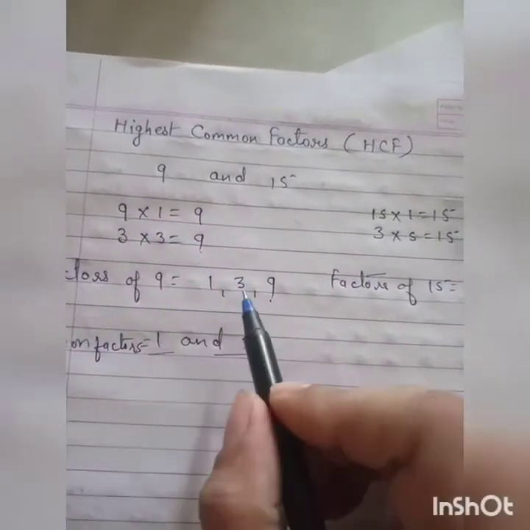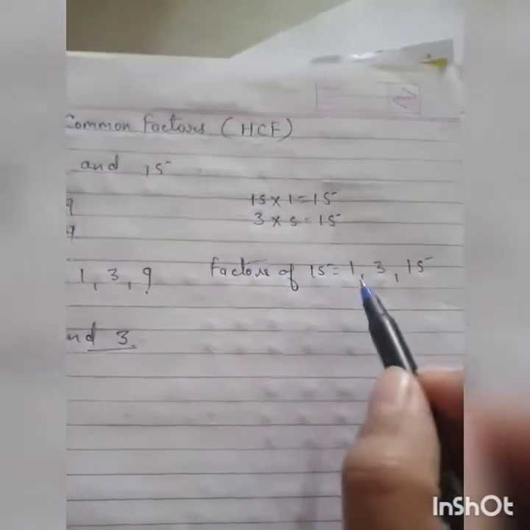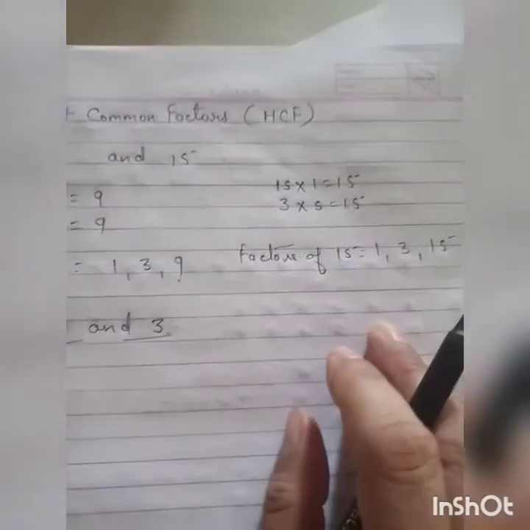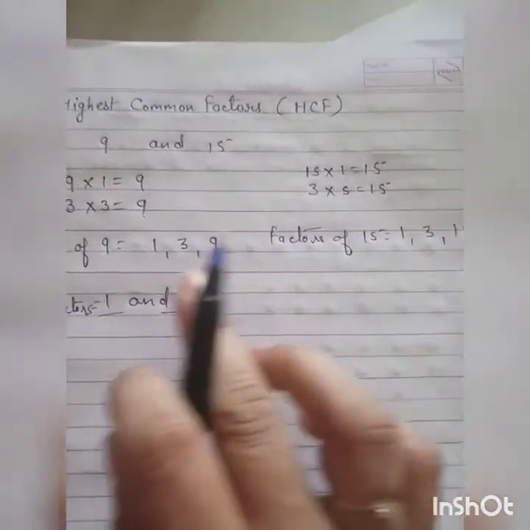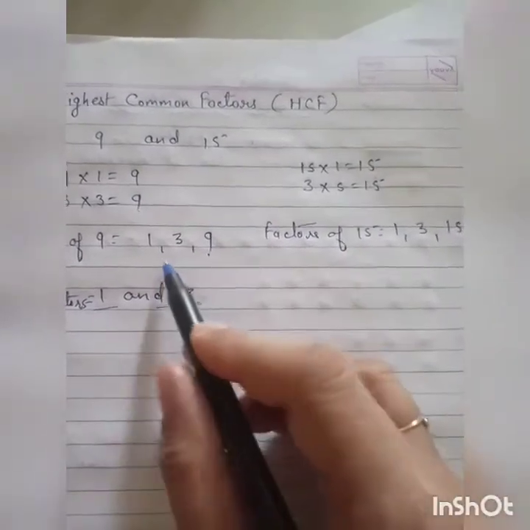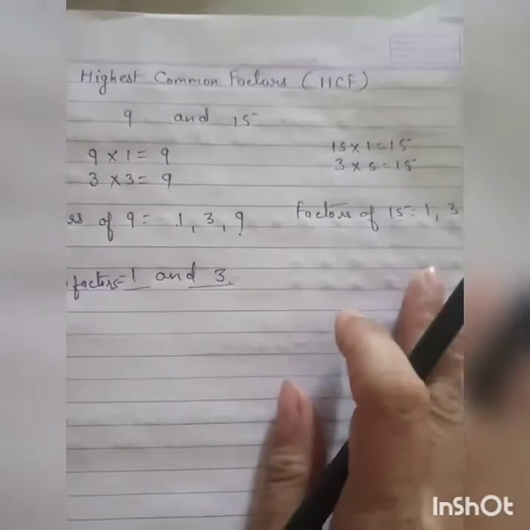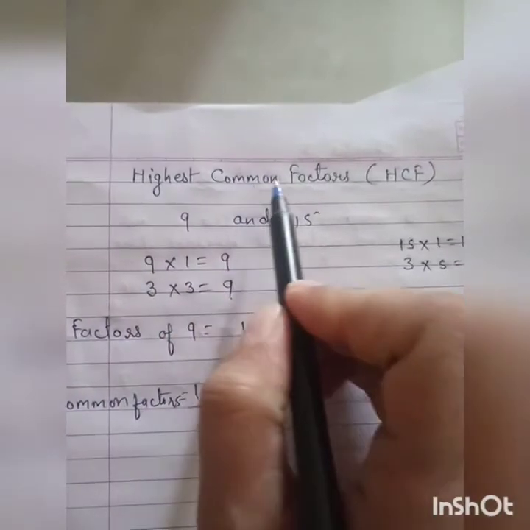For 9, the numbers 1, 3, 9 are the factors, and for 15, 1, 3, 5, 15 are factors. But in both numbers the common factors are 1 and 3. Here is also 1, here is also 1, here is 3 and here is also 3. That means 1 and 3 both are common factors, but we want the highest common factor.